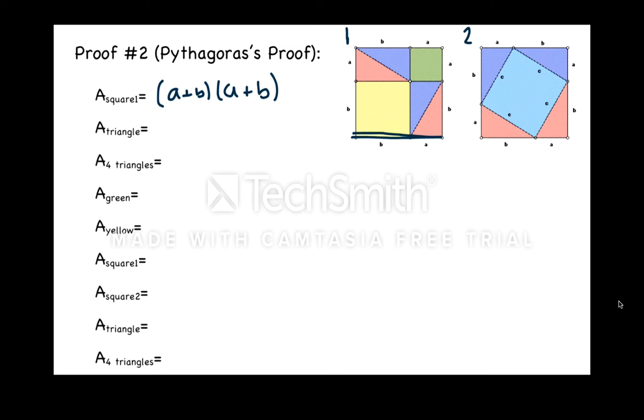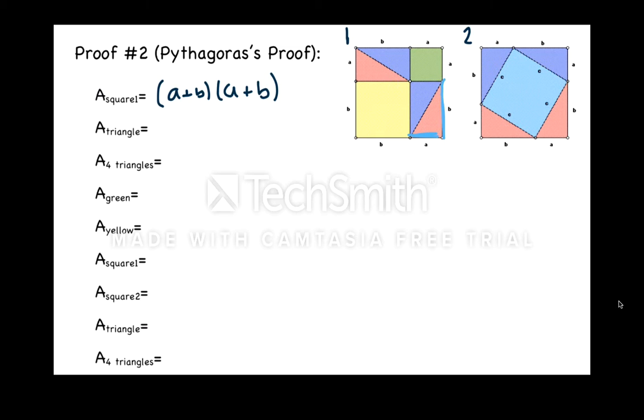All the triangles in this square are the same. All the short legs are a length of a, all the long legs are a length of b. And then we don't need to know the hypotenuse because it's not going to matter to us.